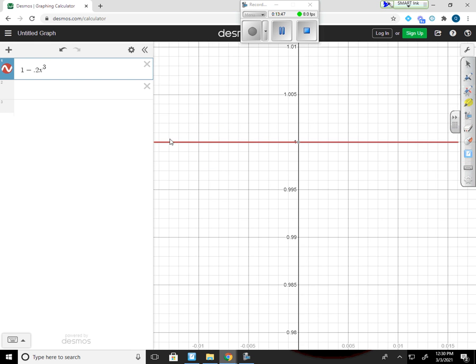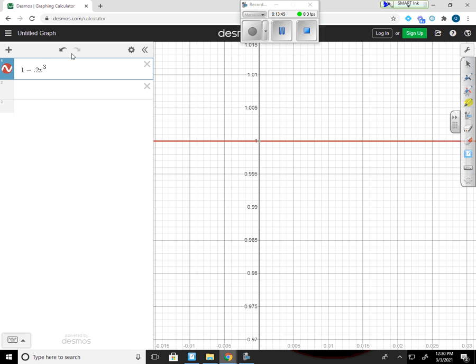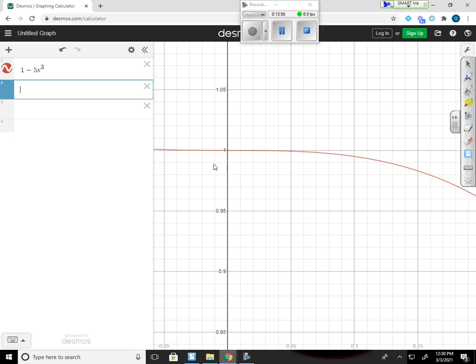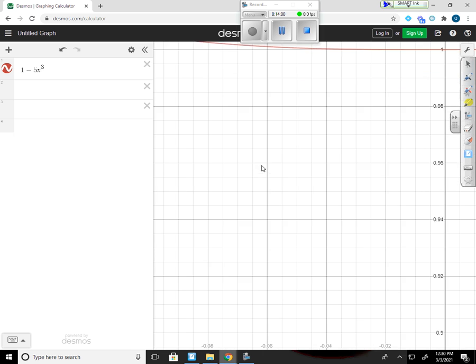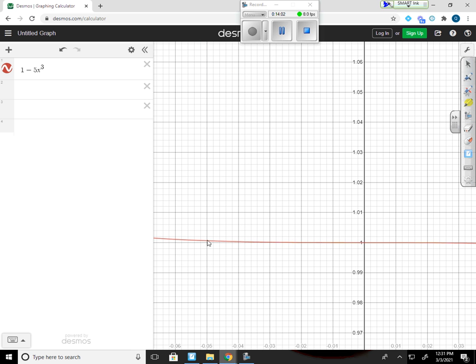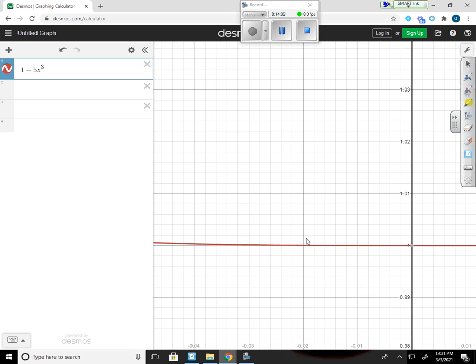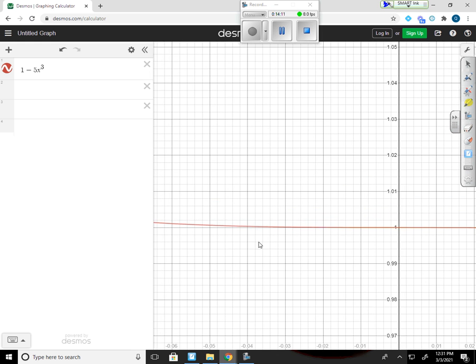But if I made it go up, if I made it 5x cubed, can you see how little it stays horizontal? It's never horizontal. It comes in much further. Like that.